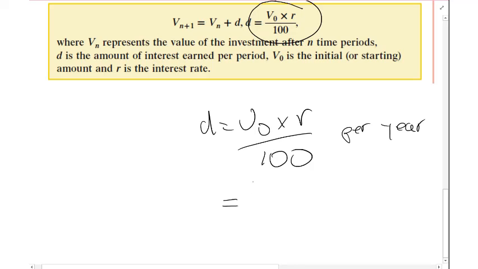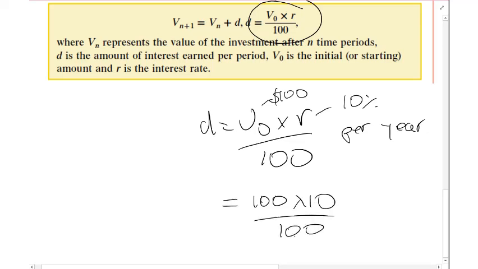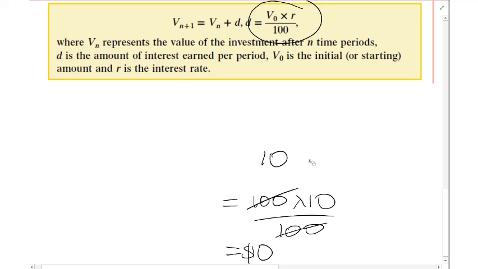So if I say that's 100 and that's 10%, so that's $100, all I'm doing here is 100 times 10 divided by 100. Because I can cancel that out, I'd be left with $10. So after each time period, I earn another $10. After the next time period, another $10, etc. That's how that's working.